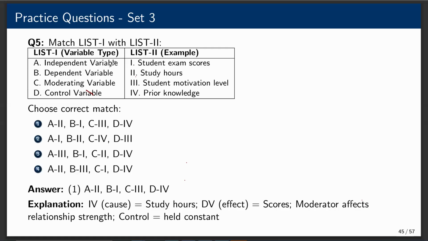So you are saying this is the independent variable. Then the dependent variable is student exam scores.